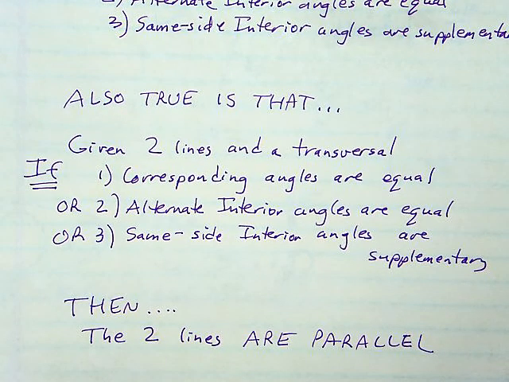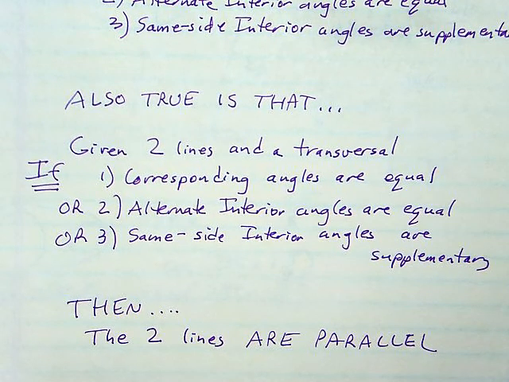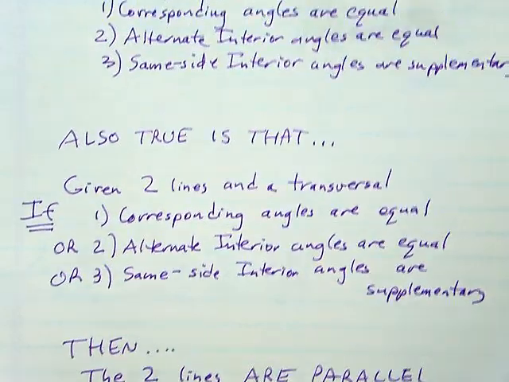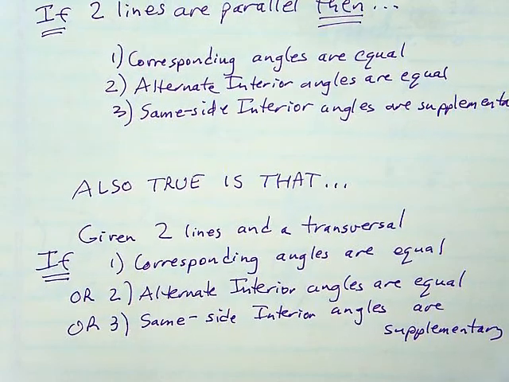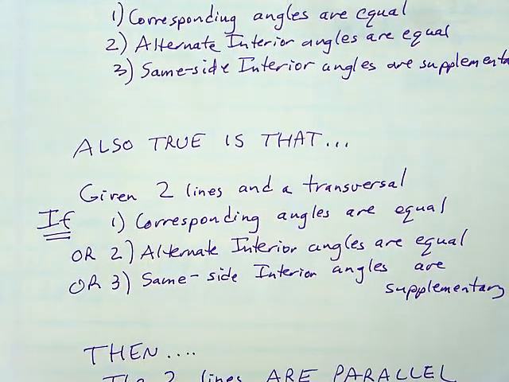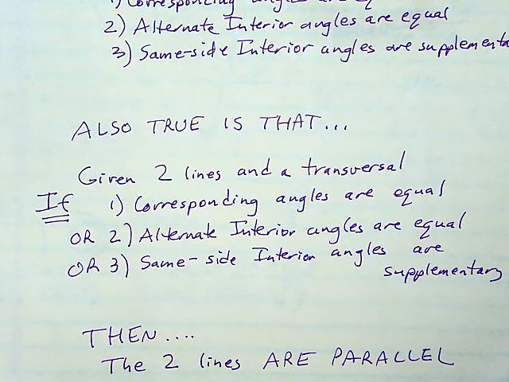Okay, so we've got ourselves a biconditional statement. And we can say, for example, in a biconditional statement that corresponding angles are equal if and only if the two lines are parallel.